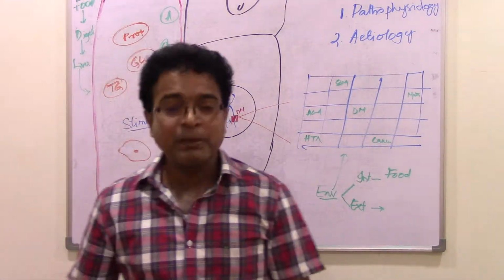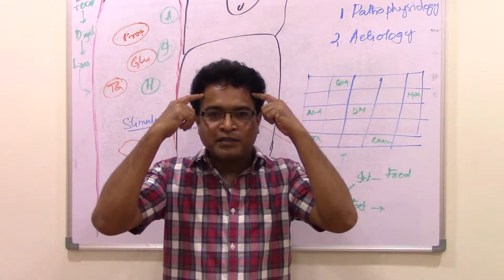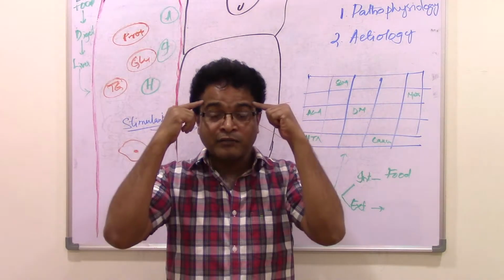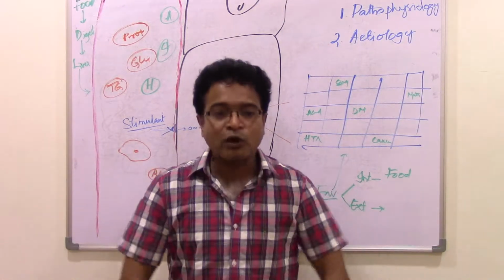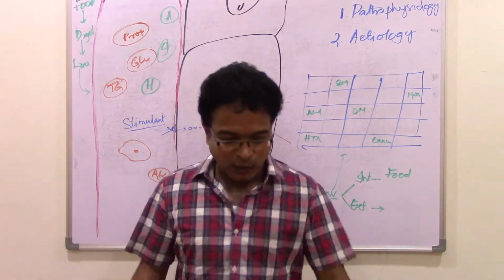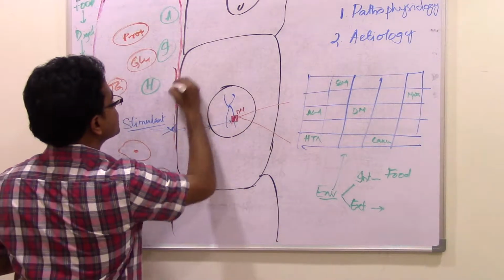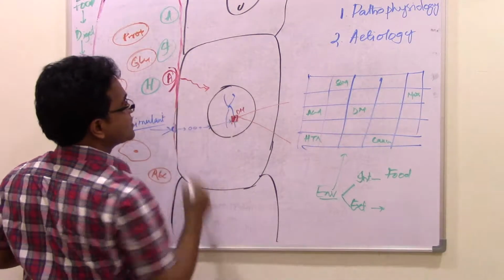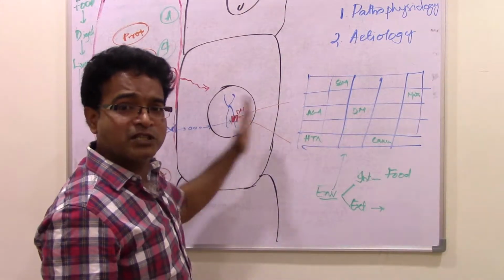For example, somebody is depressed, and when we are depressed, the happy hormones are no longer working. Or when we are stressed out, the stress hormones are released and they go and talk to all the cells. What is a stress hormone? Adrenaline and cortisol are stress hormones. So this is your famous adrenaline. When it comes and talks to the cell, the whole physiology inside the cell, its metabolism, changes accordingly.